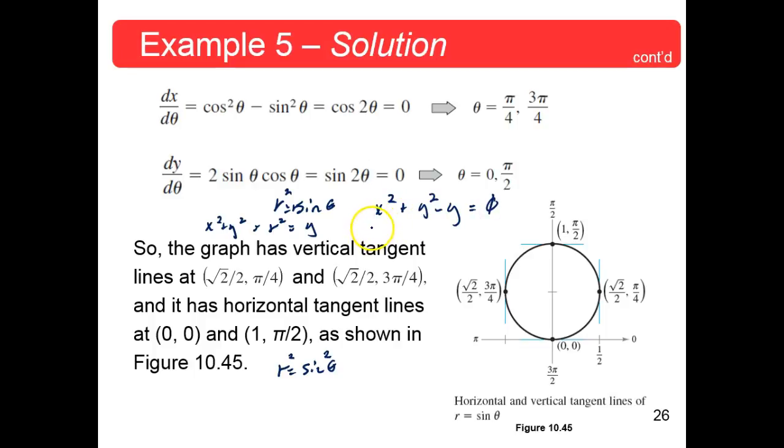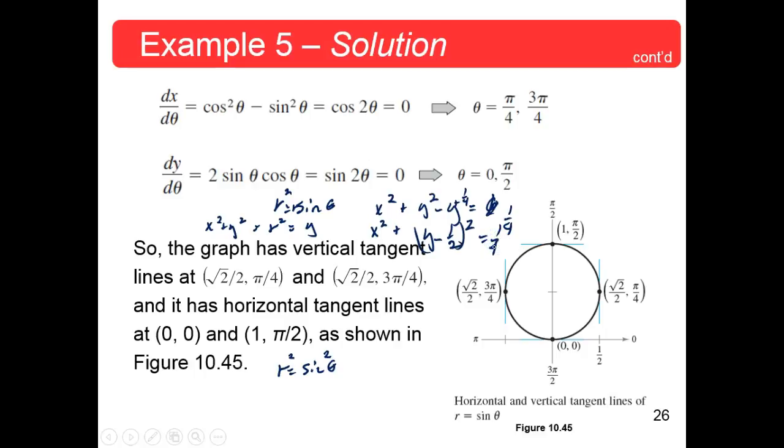And this would be x squared plus, if you complete the square here, half of this would be, squared, plus 1/4, and add a 1/4 here. So this would be y minus 1/2 squared.